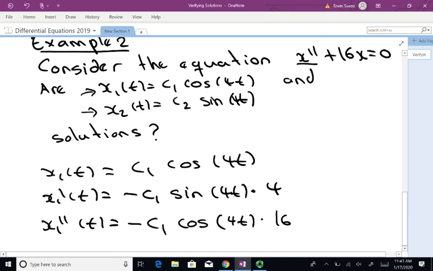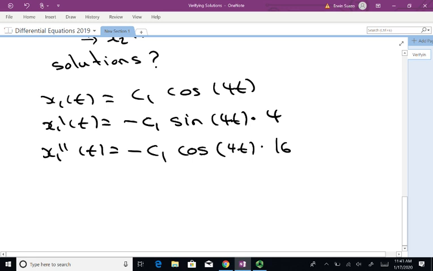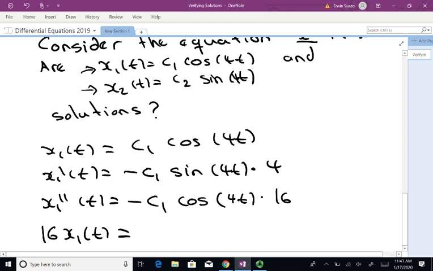Now it's saying that I'm gonna do plus 16x. So let's do plus 16x, so 16x1 of t, what is it? 16x1 of t is gonna be, what is 16x1 of t?